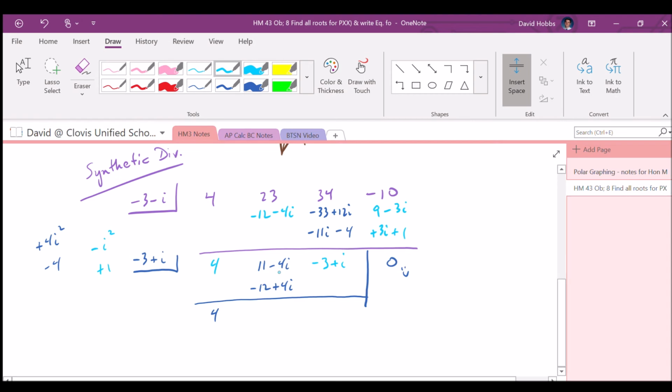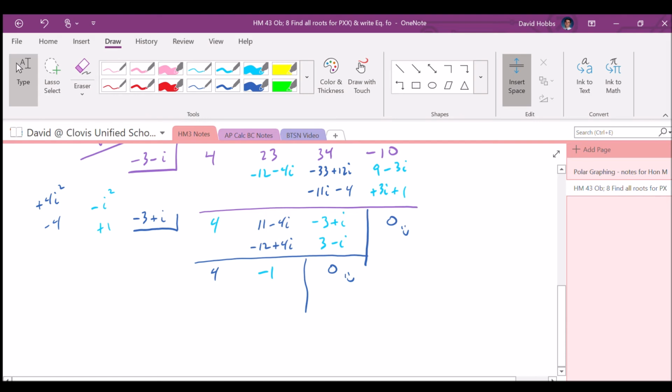So the i's eliminate each other, and I'm left with -1. Okay, -3 times -1 is +3, and i times -1 is -i. And so notice what happens there. And we do get 0, and that's good because we were dividing by a root, and so that's good as well.